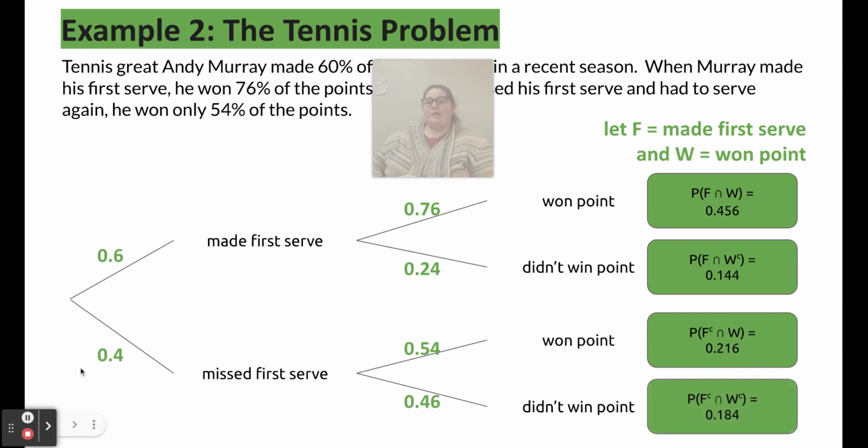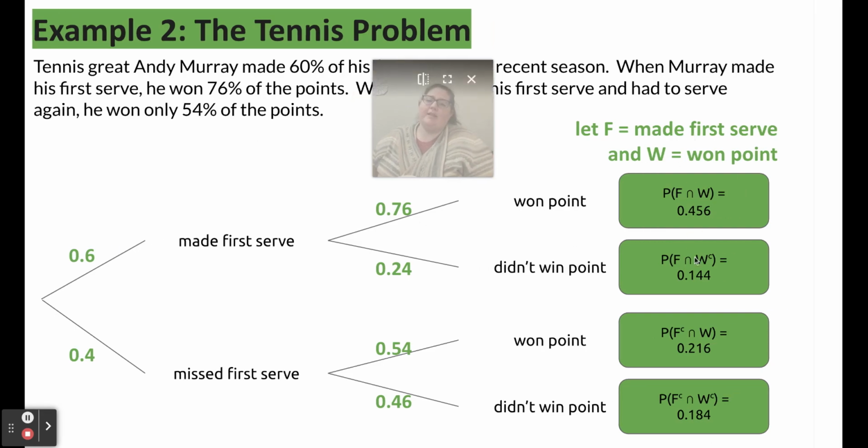And then the probability of not making the first serve and not winning the point, 0.4 times 0.46 is 0.184. So now we have our 4 "and" probabilities. These are the only 4 things that can come out of this situation with these 2 events in particular, so these numbers should add up to 1, because those are the entire possibility of things that can happen with these 2 events.